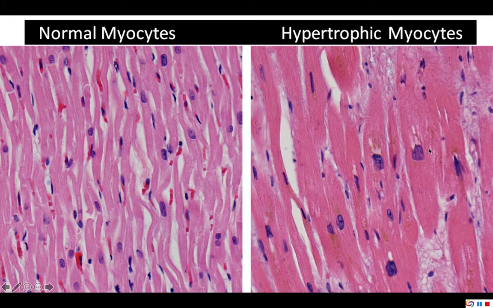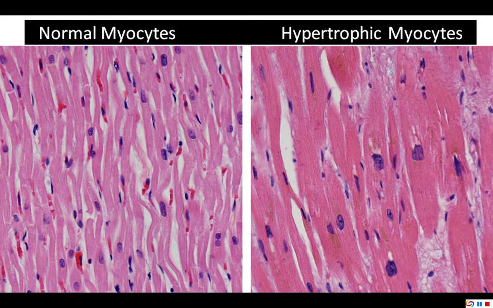Sometimes it can be hard if you're just looking at one side, say you hide this side. It's hard to tell if it's hypertrophied or not if you don't have anything to compare it to. But remember that the normal cardiac myocyte shouldn't be that much thicker than the nucleus. And so if you see something like this, that is hypertrophied because it is a lot thicker than it should be, even if you don't have anything to compare it to.